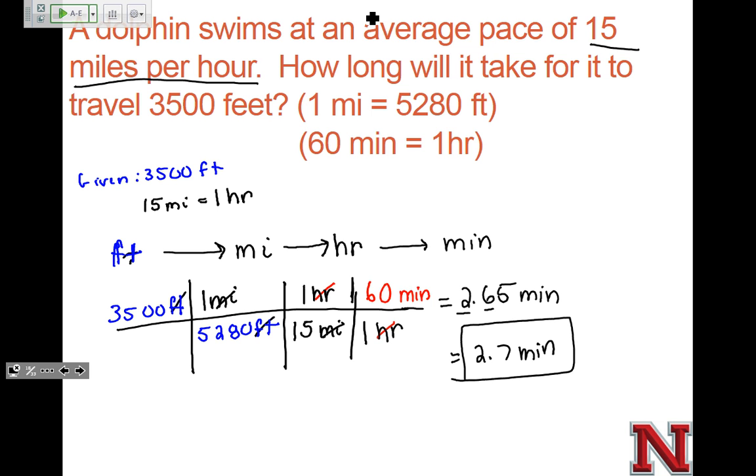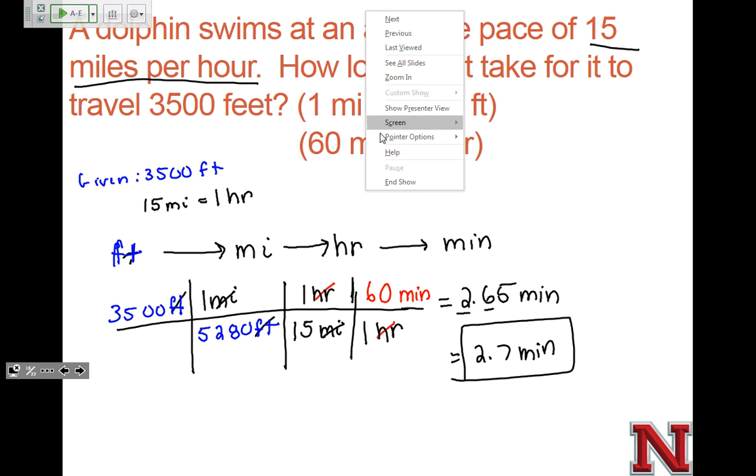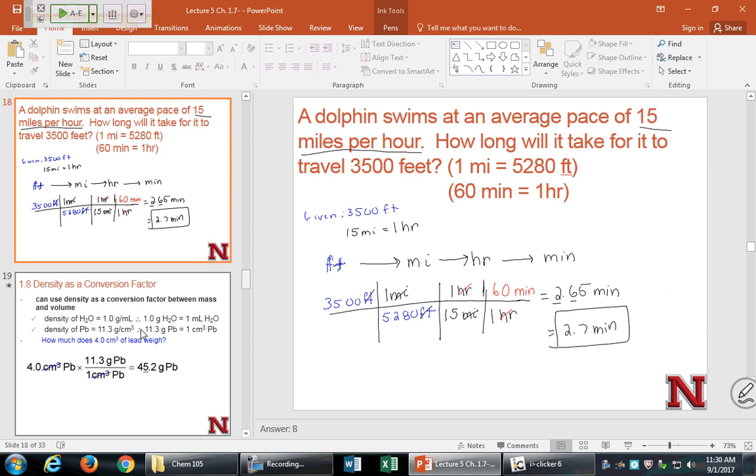Before I go on to density as a conversion factor, I just want to reiterate what I was saying. Come on. Why don't you do it?